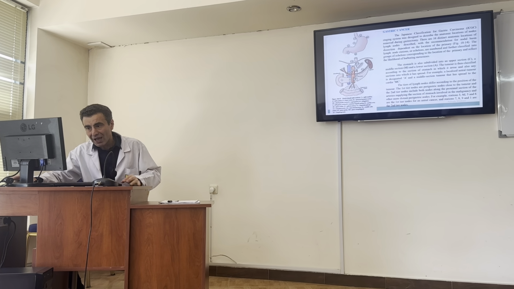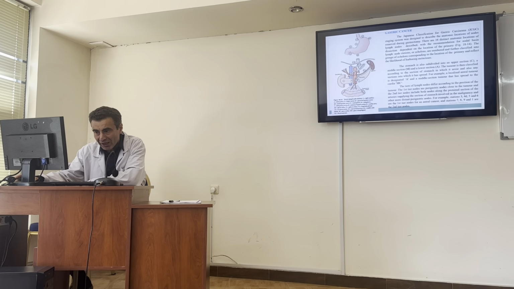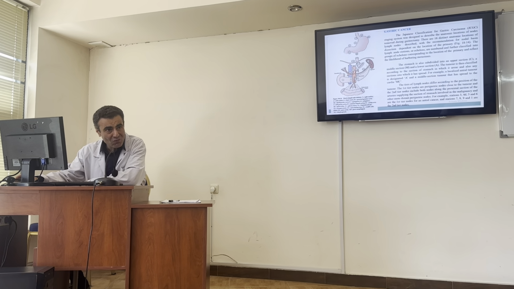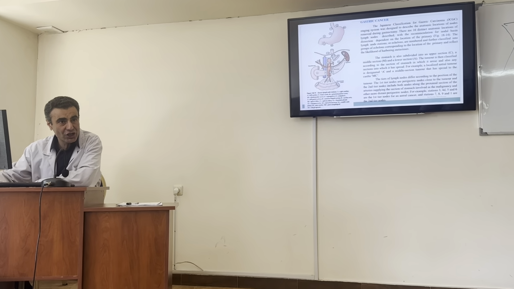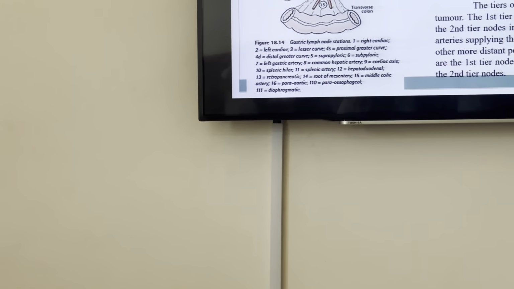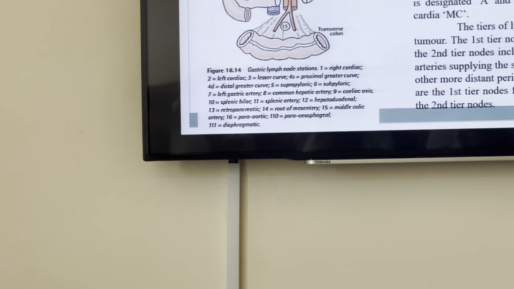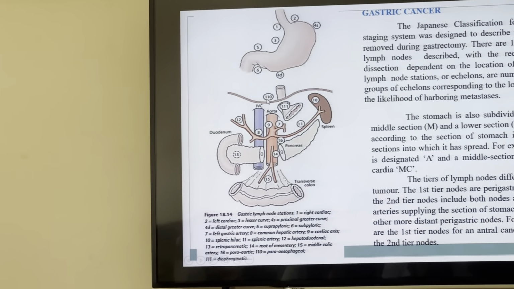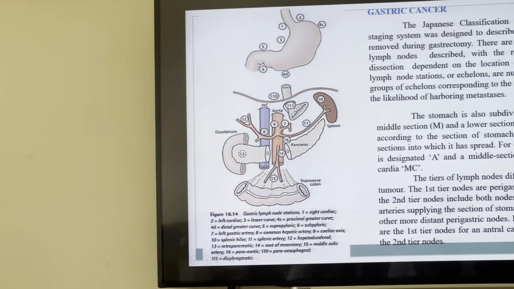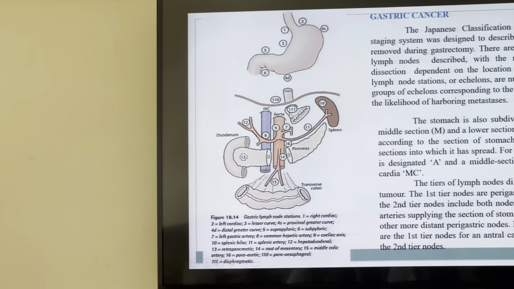Now look at me. In the Japanese classification, there are 16 main localizations and 2 more localizations, which we call 110 and 111, to show that they are not the main ones. The main localization is 16.